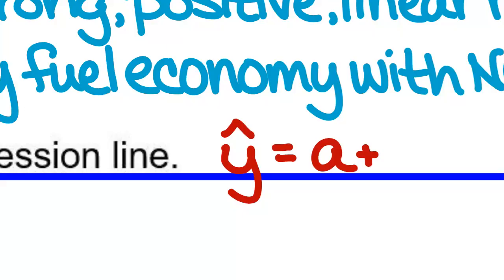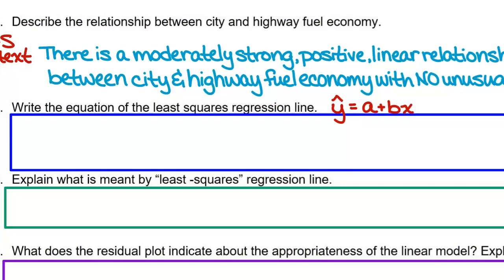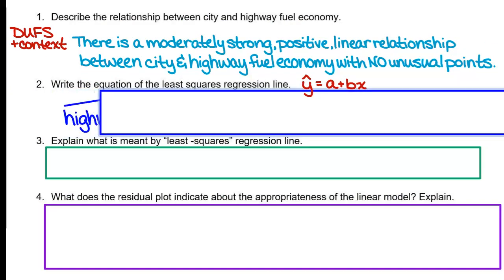The least squares regression line has the form of y hat equals a plus bx. What does the hat on y mean? Predicted. What is our y variable? What's being shown on the y-axis? Highway fuel economy.